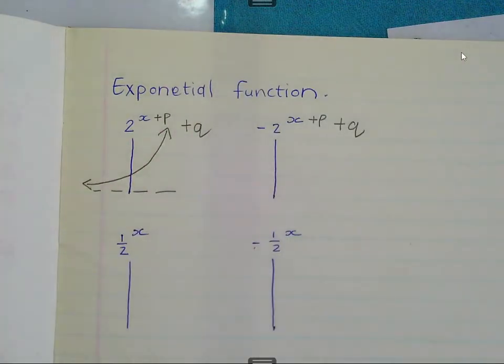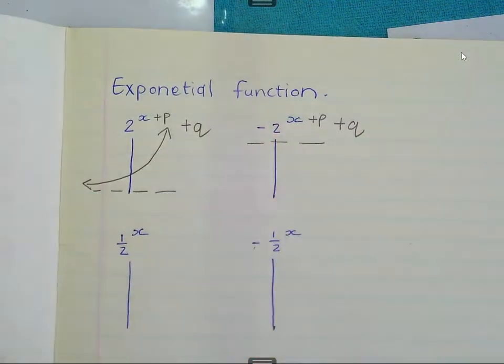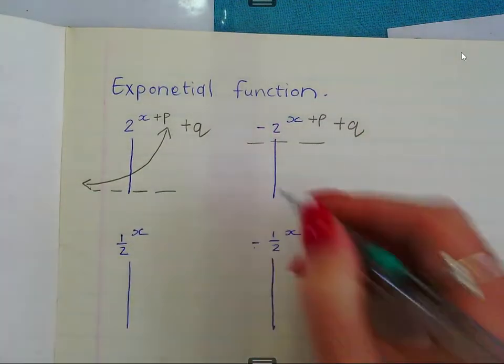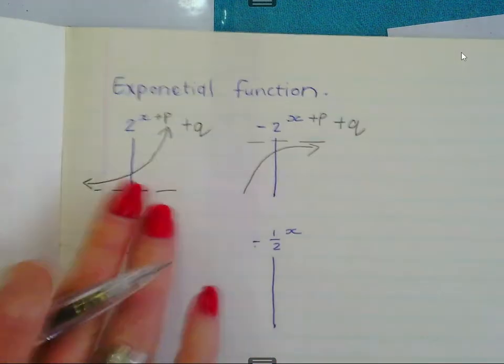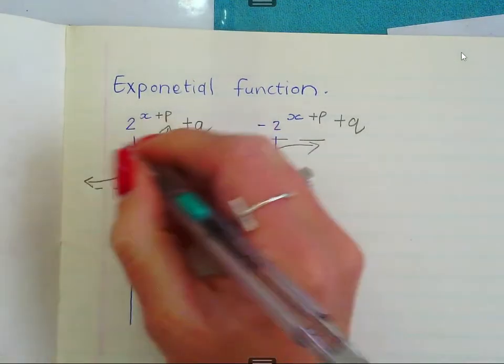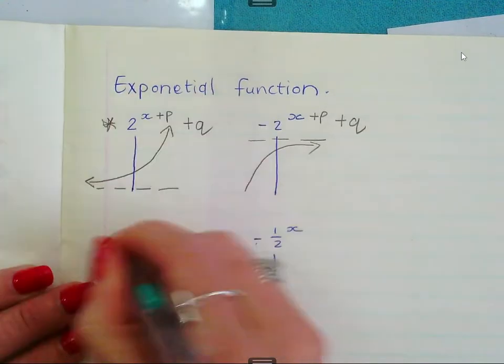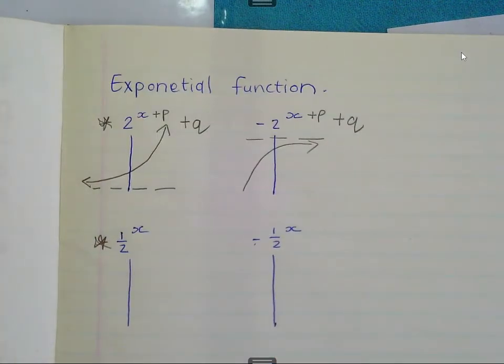This graph is going to be at the top or at the bottom of the asymptote? Bottom of the asymptote. Okay, and what will it look like? Very good. It will start at the bottom and go to the top. This is a reflection of this one in the asymptote. So if you are unsure, you only need to know this one and this one. And then you will know when it's negative, it's a reflection. You do that reflection in your mind.